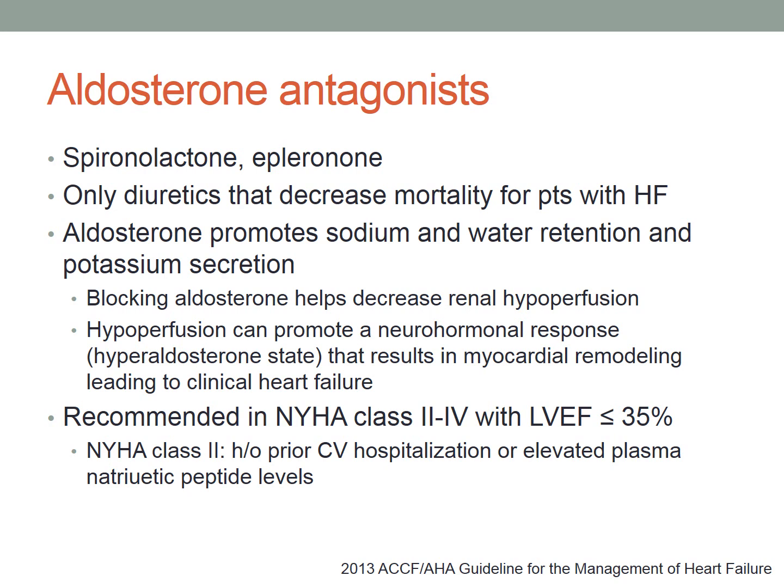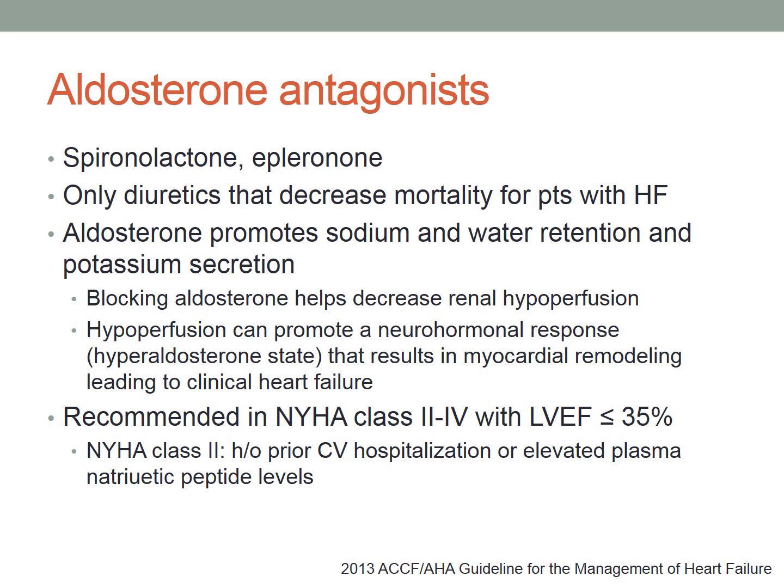Aldosterone promotes sodium and water retention and potassium secretion. So blocking aldosterone helps decrease renal hypoperfusion. And hypoperfusion is bad because it can promote a neurohormonal response or a hyperaldosterone state that results in myocardial remodeling, leading to clinical heart failure.